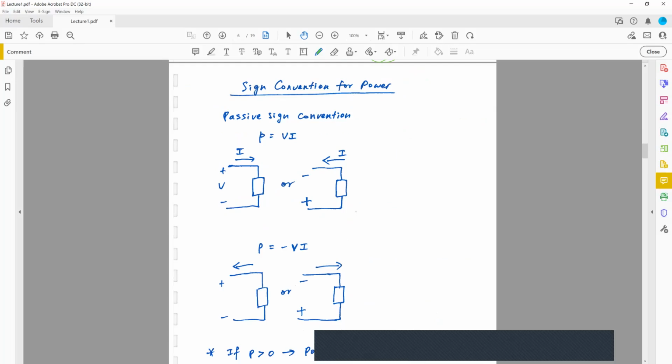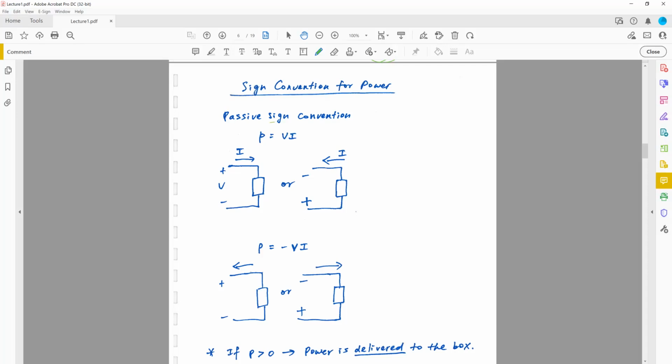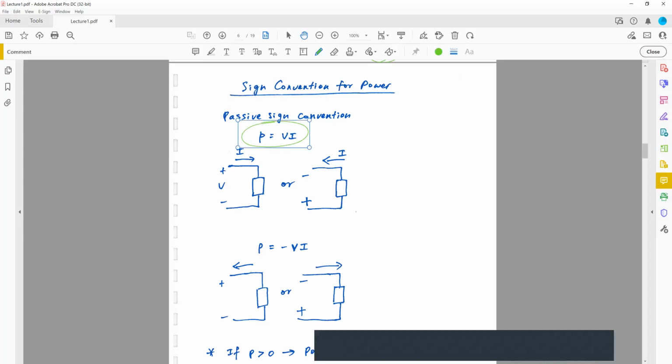The next topic I wanted to talk about is the sign convention for power. For power, we know that P is equal to V times I, or I times V. Current times voltage, voltage times current.